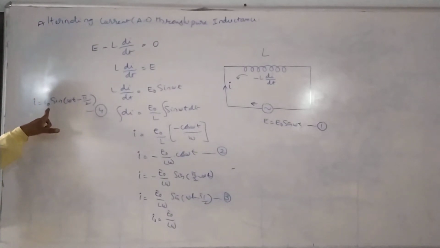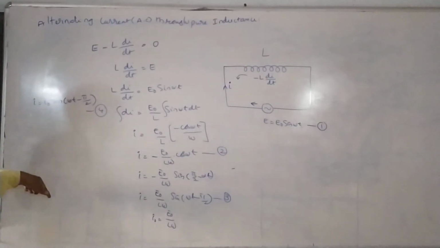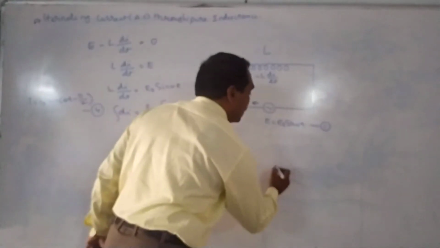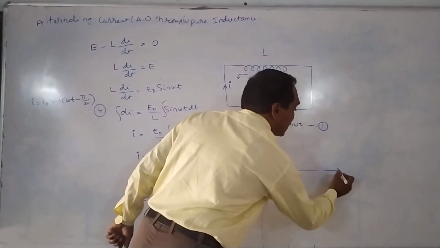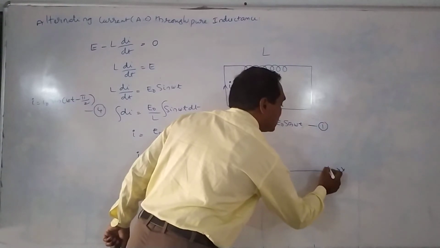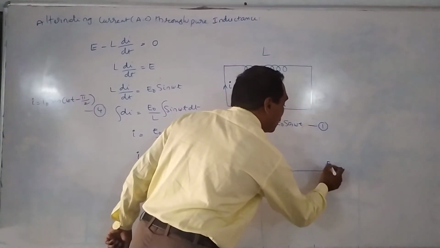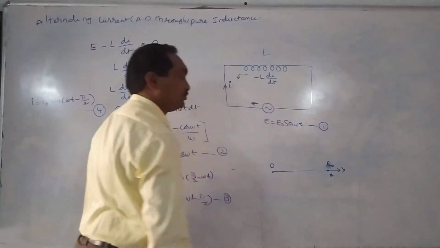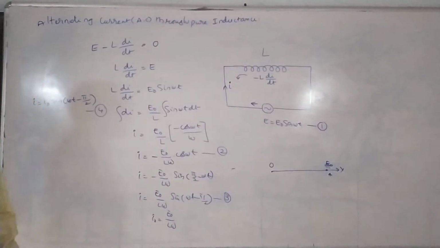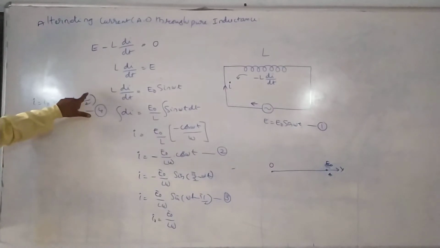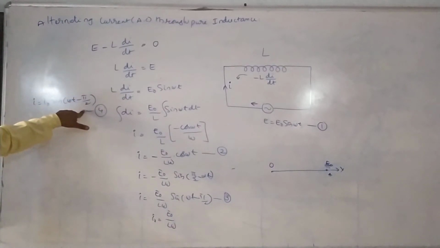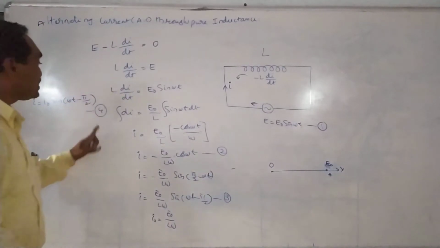So how can we draw this mechanically? We know E is equal to E naught sin omega t. This is along the x-axis. This is point A, which represents E naught, and this is O. But we know current I lags behind by pi by 2 radian, so this is minus.